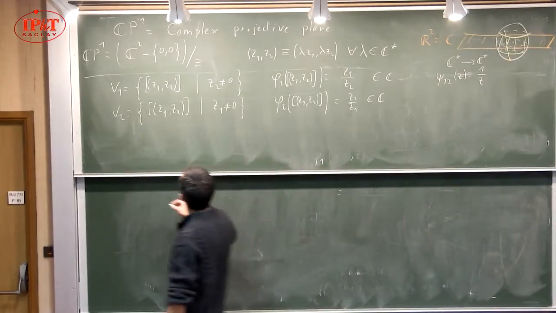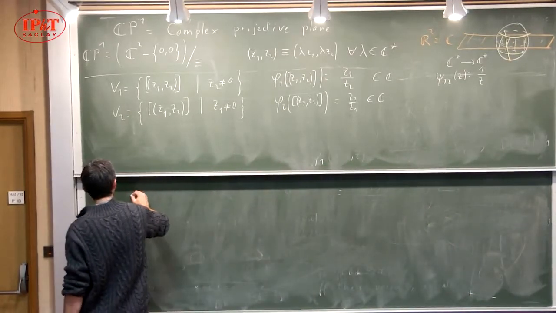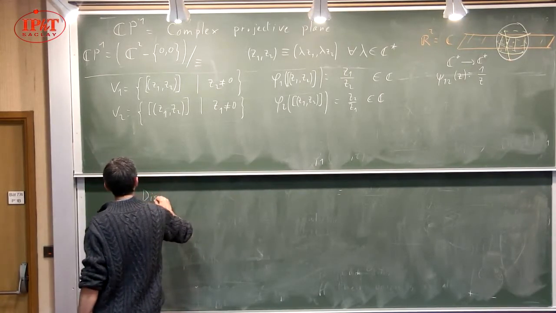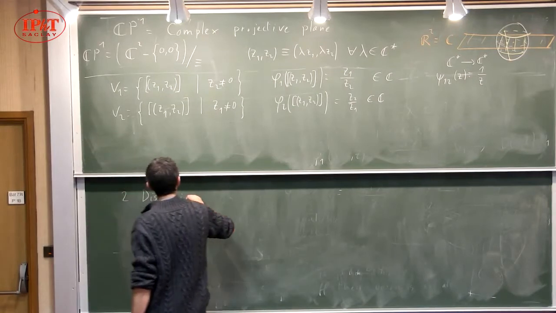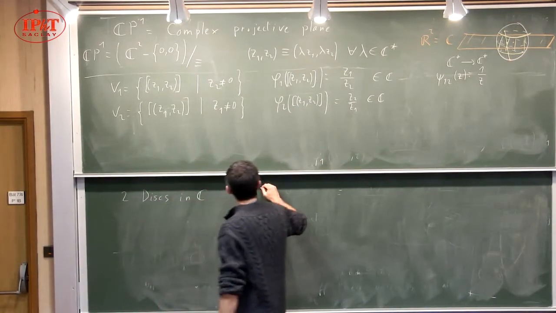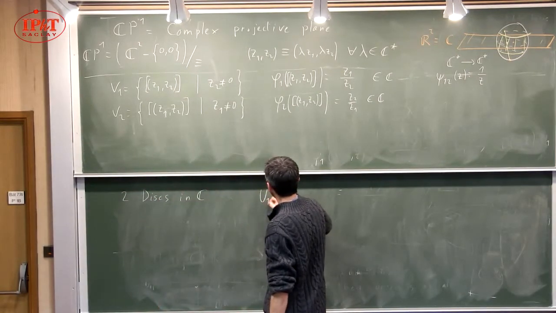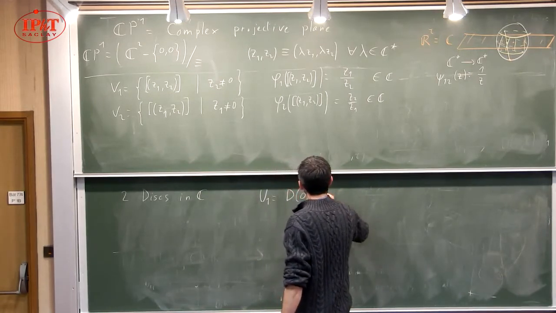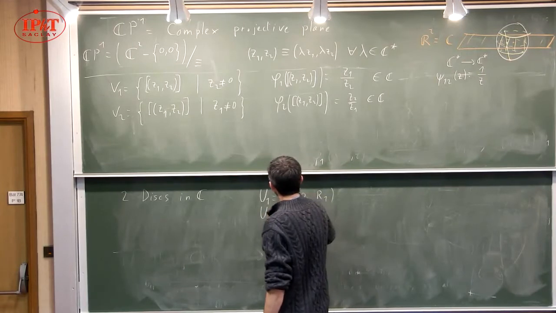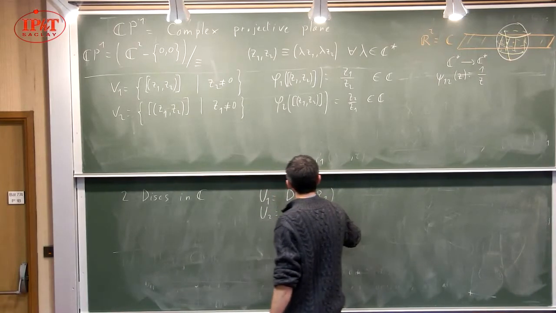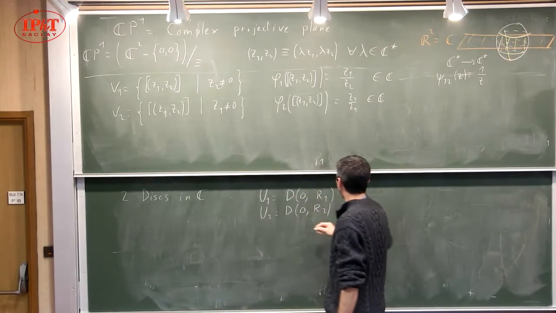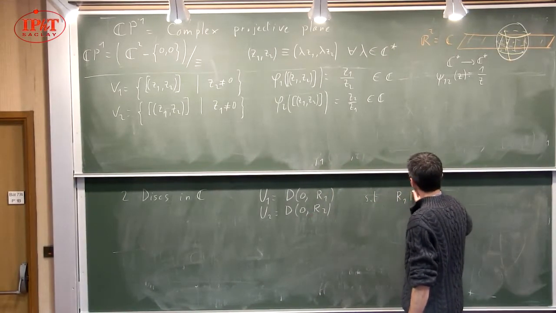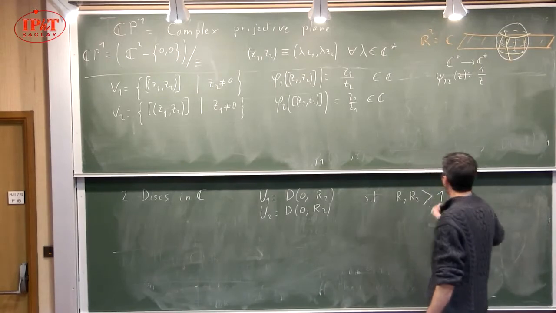I will consider another definition, which is take two disks in C. So let's call them U1, which is the disk of center 0 and radius R1, U2, which is the disk of center 0 and radius R2, and such that R1, R2 is larger than 1.